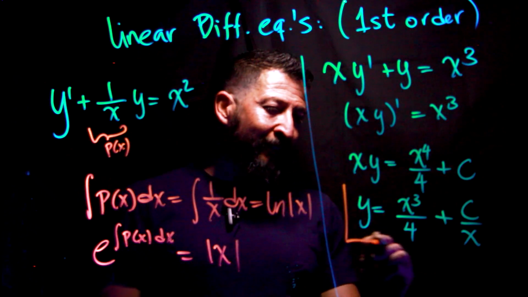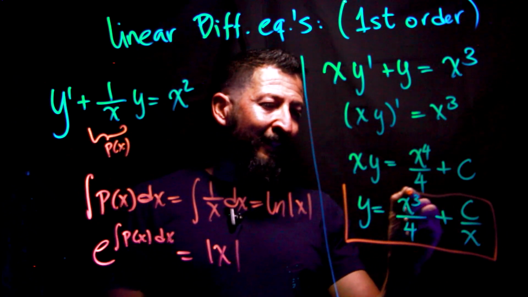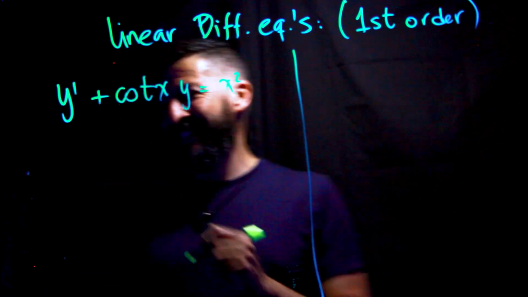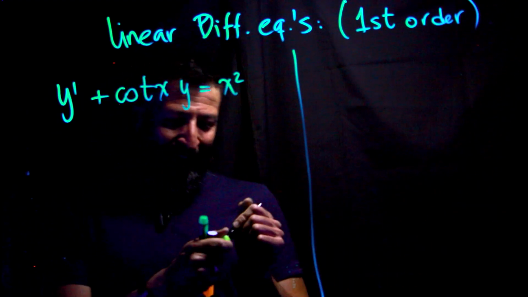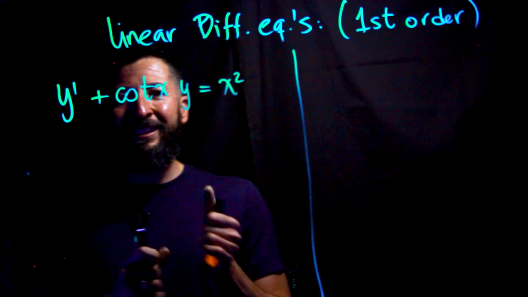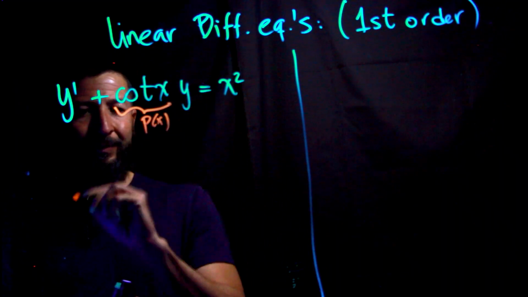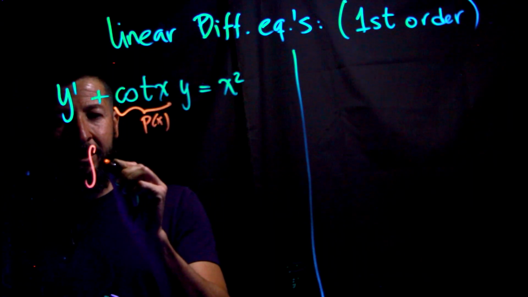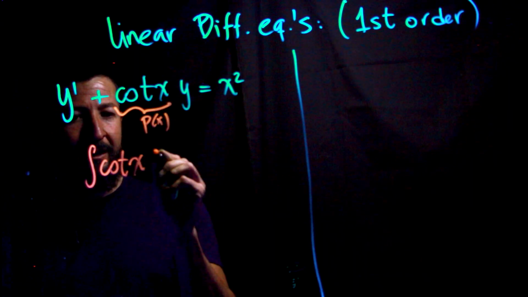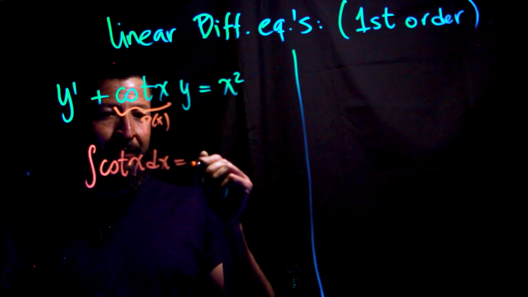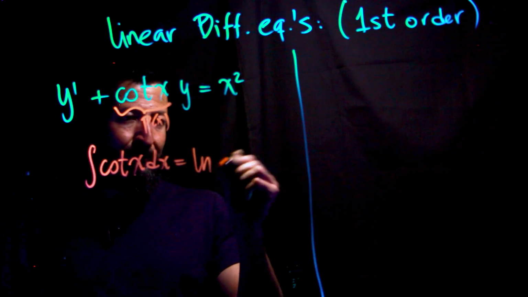Now, if you had some initial conditions, then you would go ahead and plug them in and find your value of c. So again, as before, I'm going to grab my p of x and compute the integral, the antiderivative or indefinite integral, whatever you want to call it. And this will give you the natural log of the sine.